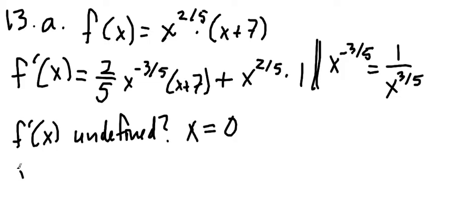Now the other question is, when is f prime of x equal to 0? And this is going to be a little bit more work. What I really need to do is set this equal to 0 and try to solve it. There are a couple of ways to do this.